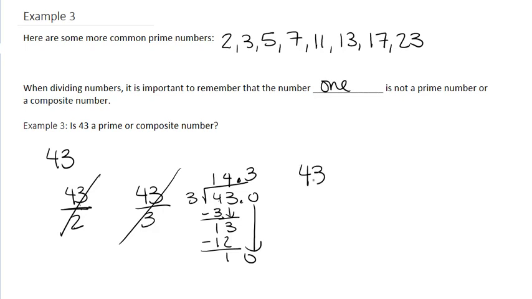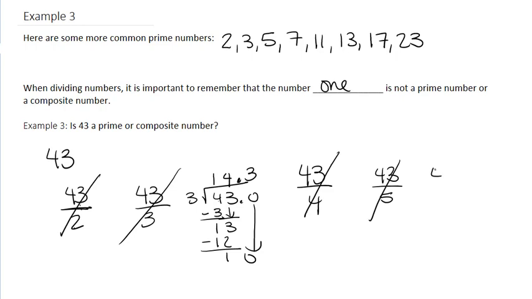Now we look at 43 divided by 4. We remember that 4 times 11 is equal to 44. So this will also give us a number that's less than 11, but a decimal. Now we try 43 divided by 5, which doesn't work as it's not ending in a 0 or 5.